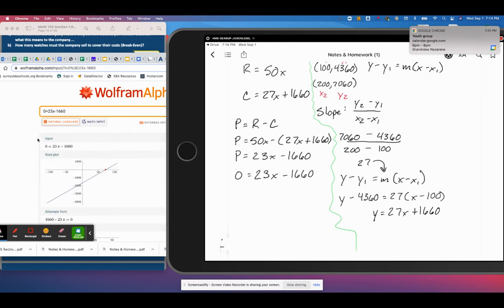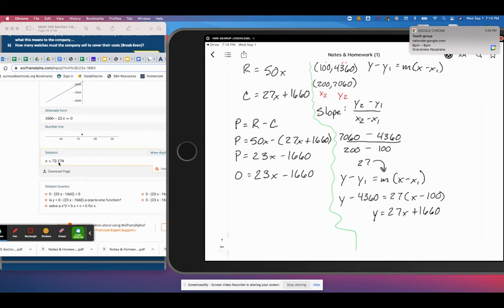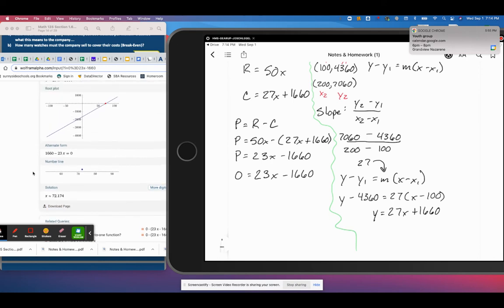And we get some wacky number. I need to click approximate forms and get the decimal here. So it's 80. In this instance, I can't have a decimal value on a sweatshirt, that doesn't make sense. If I sell a fraction short of a sweatshirt, I'm not going to make it.